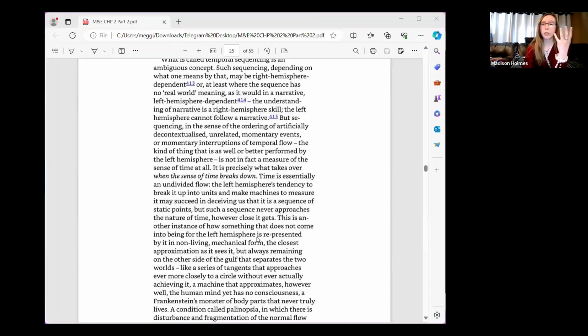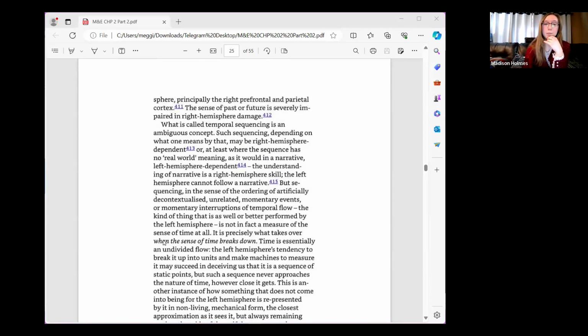I have a couple of screenshots right within that section, and it's a dense section because not only is he talking about the nature of time in the two hemispheres, but he also talks about music, because somebody's understanding of time can alter their understanding of music, again depending on the mode of attention.